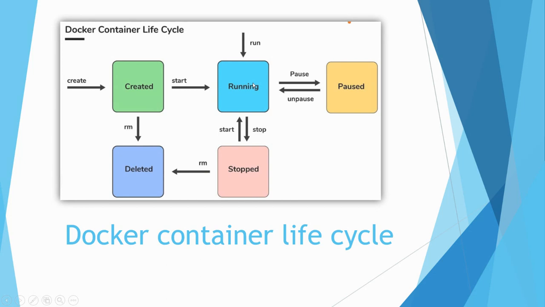After running the container, you have multiple options. You can pause the container, or stop the container and start it again, or pause and unpause the container, or if you feel you do not need the container, you can delete it. And then again you can create the container. So it is a cycle. We will see the commands to do all these things, guys.